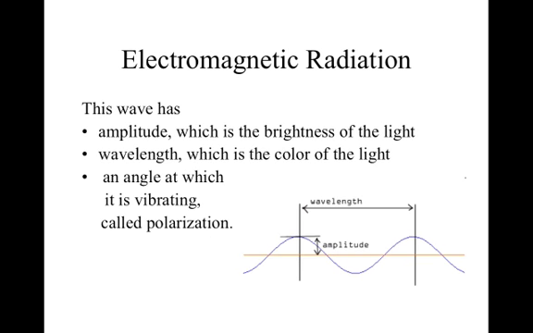So when you think about a wave, it has amplitude, and amplitude represents the brightness of the light. The taller the peaks are in the wave, the brighter the light is to your eye. There's also wavelength, and wavelength will represent the color of the light. Think about the last time you were at the beach, out in the ocean, bobbing up and down on the waves.